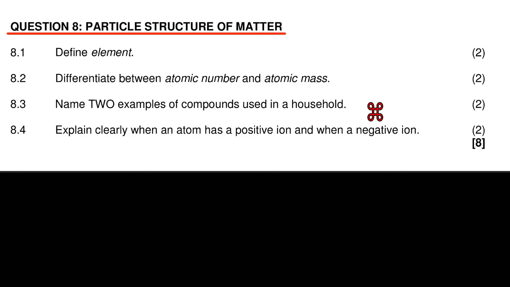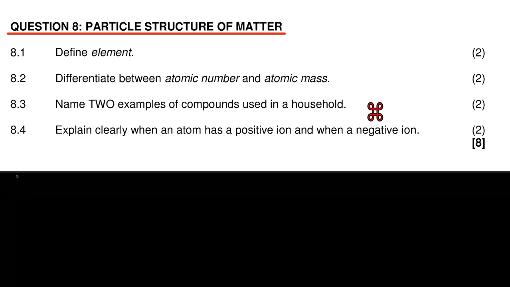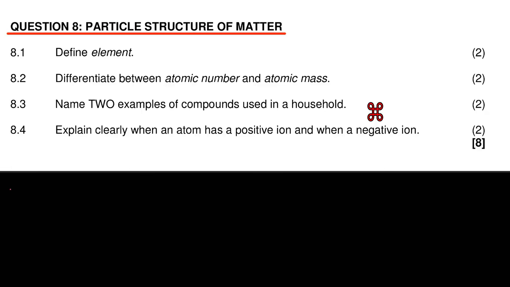The first part of this question is the part which says define an element. Whenever you are defining an element, there are many different definitions that you can think of, but I'll just give you some common definitions that usually will give you a mark. So this is 2 marks.